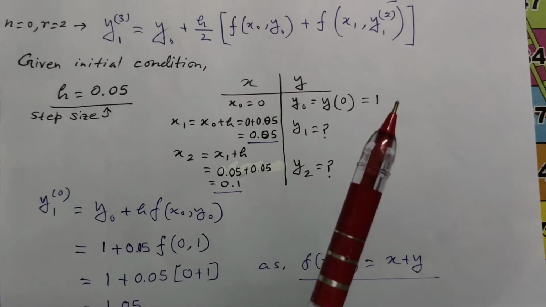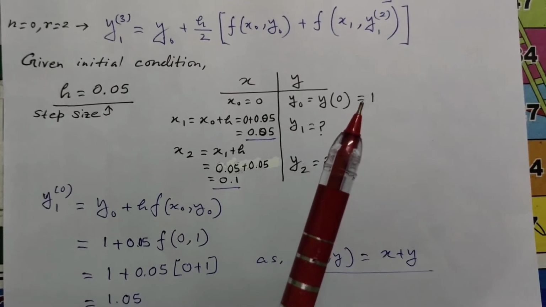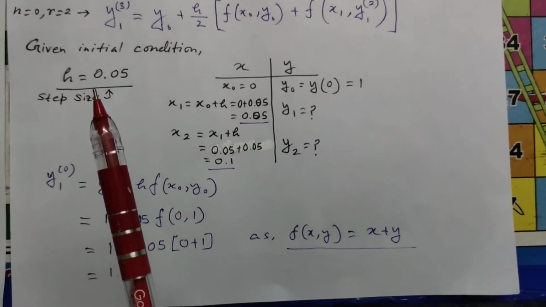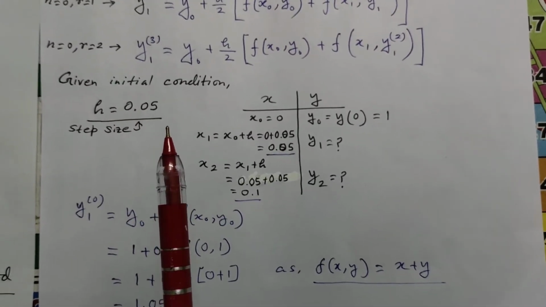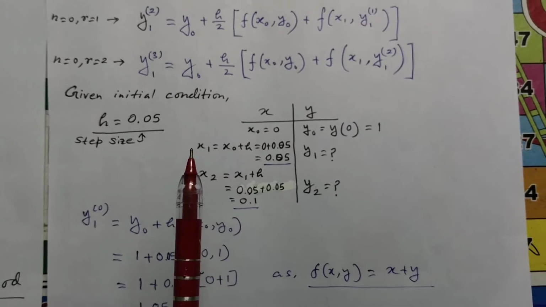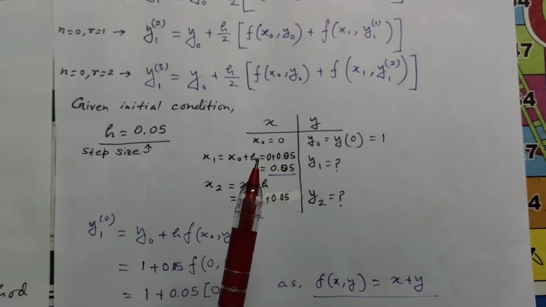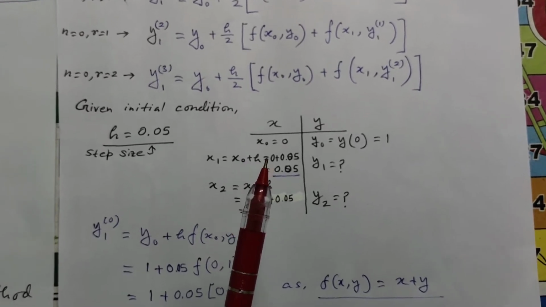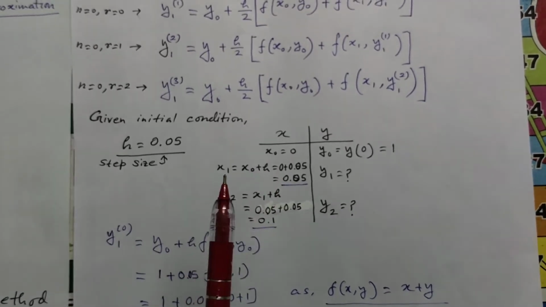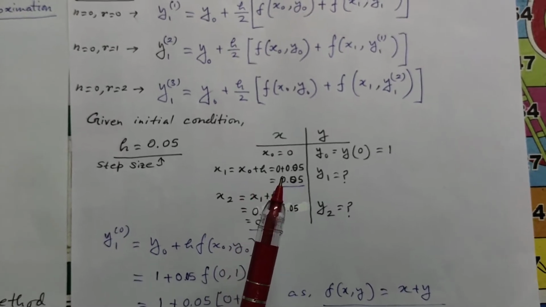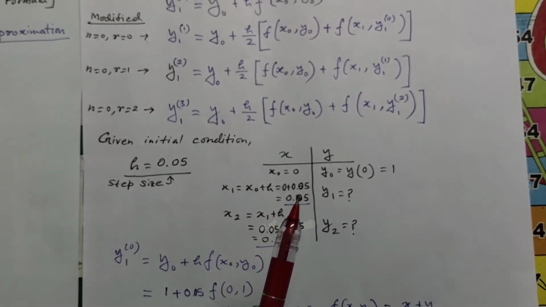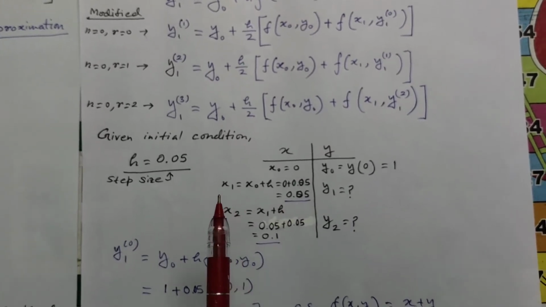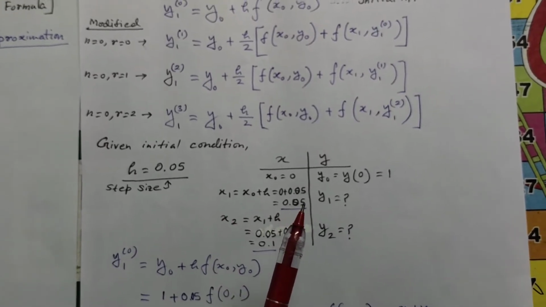These values we already have from the question. As h is the step size, the difference between two consecutive instances of x, x1 equals x0 plus h, the increase from x0. So x1 equals 0 plus 0.05 equals 0.05, so we have the value of x1 as 0.05.